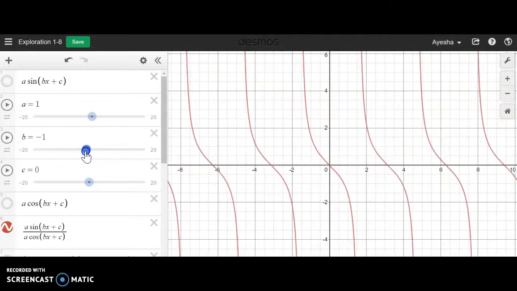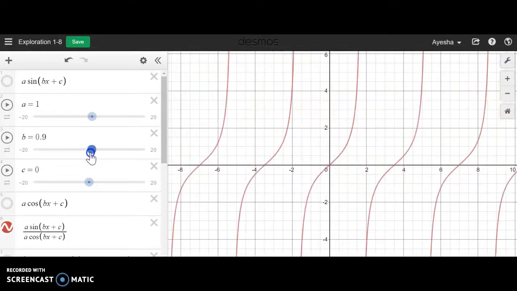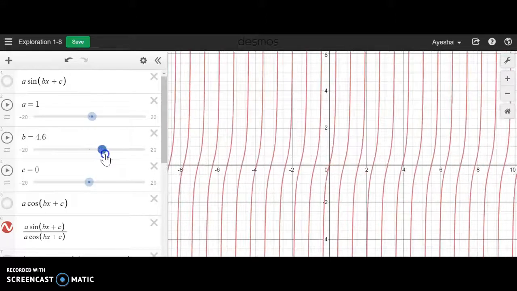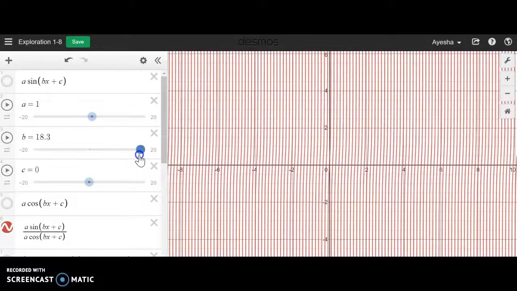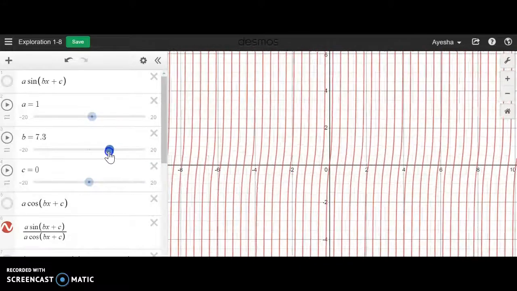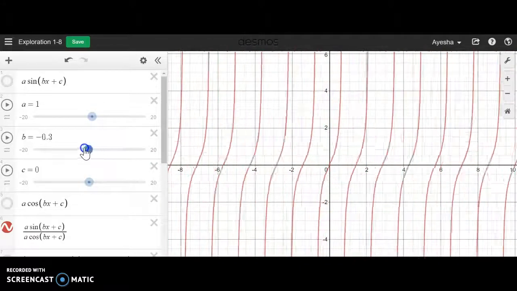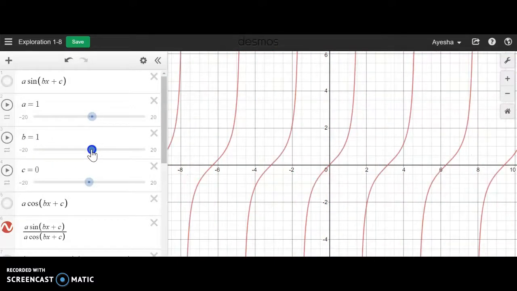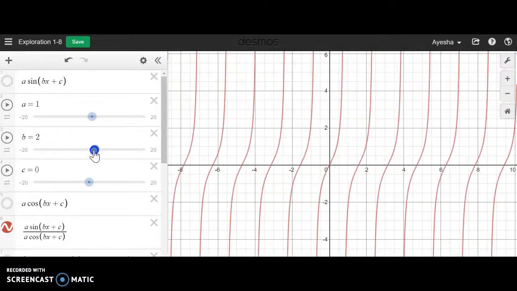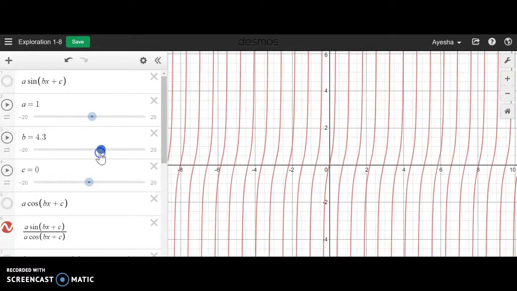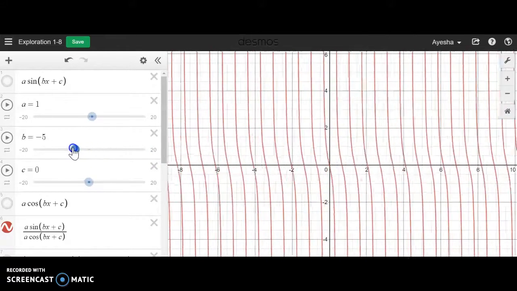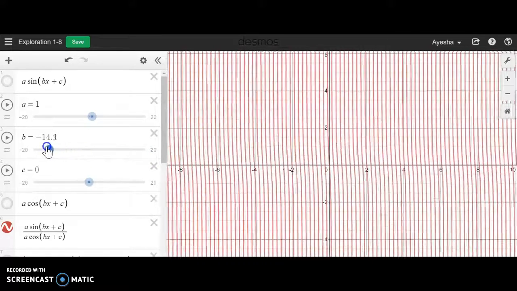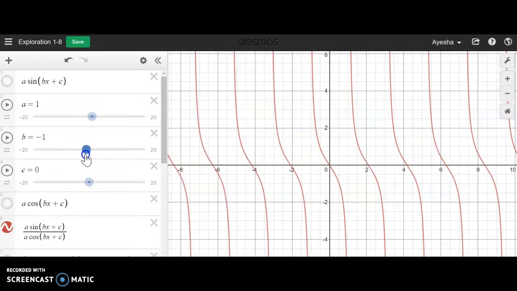So this definitely is giving us some type of change in the graph. It's interesting because when we have a positive value for b, it is an increasing function, but whenever we have a negative value, it is a decreasing function.